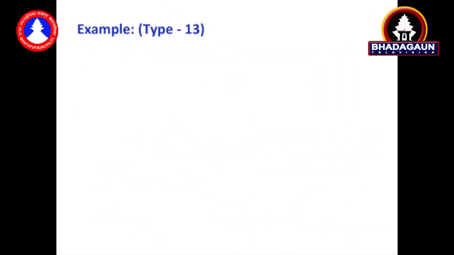Example type 13. The affirmative statement is he has a new car. Now here has, is this an auxiliary or not? No, this time has is not used as the auxiliary verb, and it's a main verb here. And the meaning of has is possession. Let's see its negative.